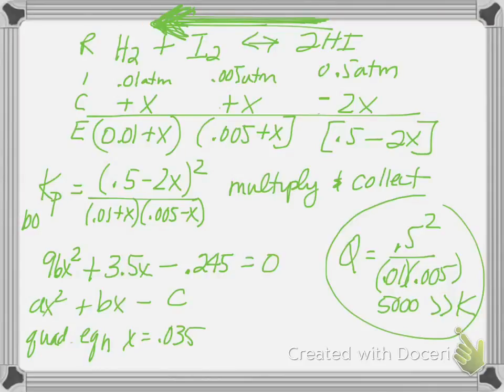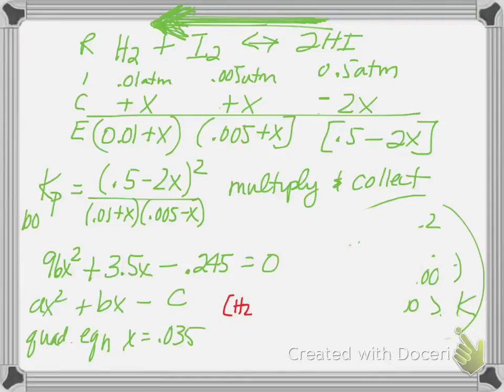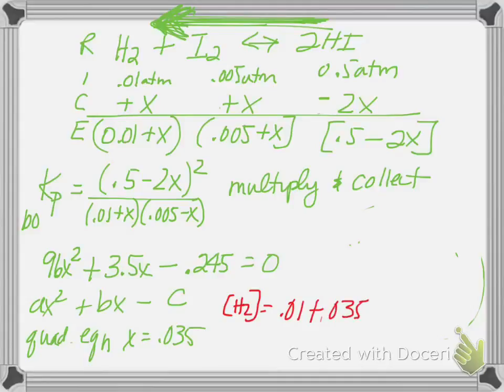Now you can plug in those numbers. So H2, I'm going to erase this, we have room. Y'all already wrote that down, right? It's going to be 0.01 plus 0.035, which is 0.045 atmosphere.